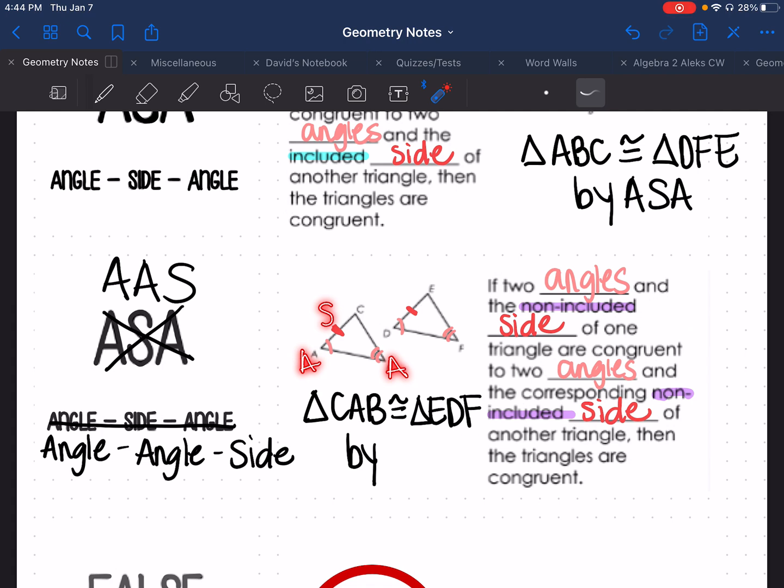You can put the A's and the S's like I have right here, but you have to recognize that the S is not here, which is angle, side, angle. The S is up here only next to this A, so this is angle, angle, side. Angle, angle, side. All right.